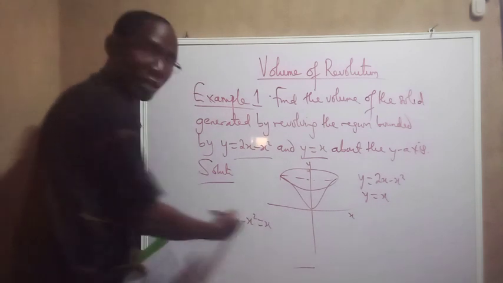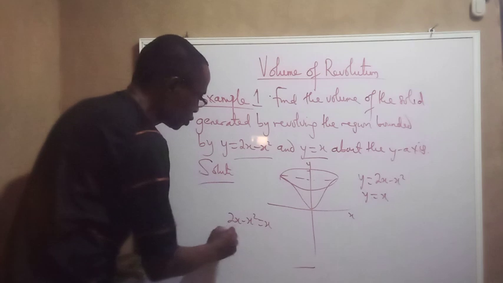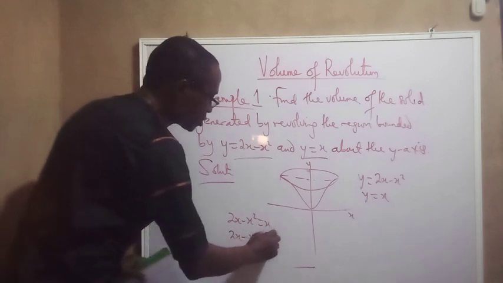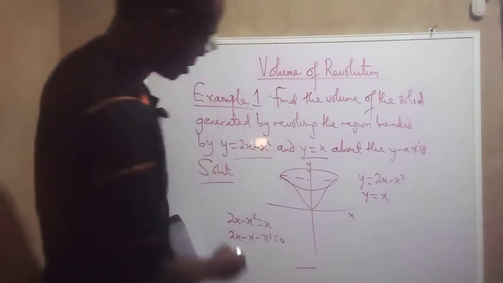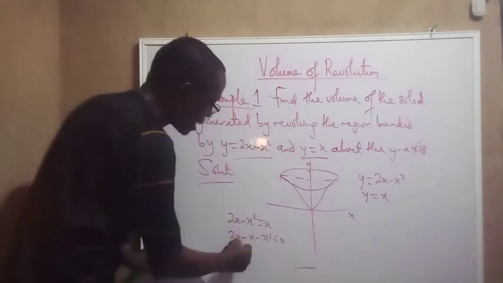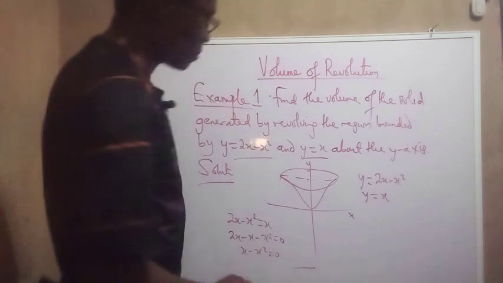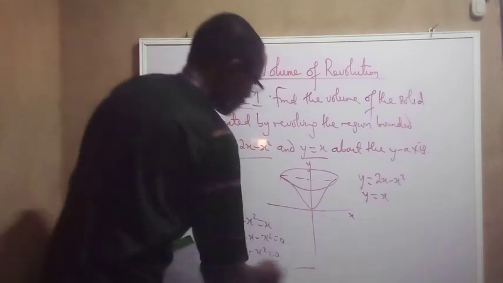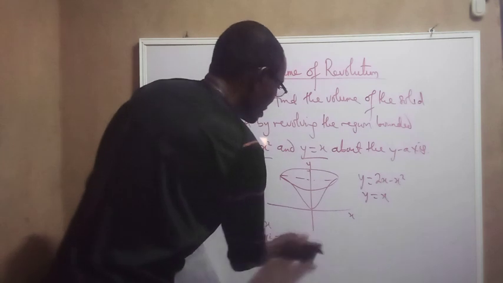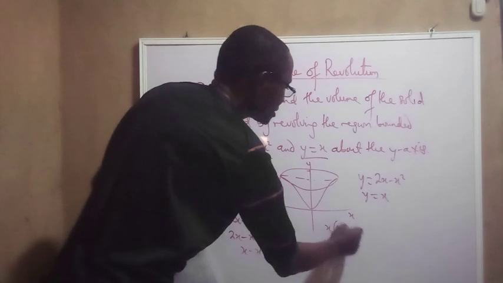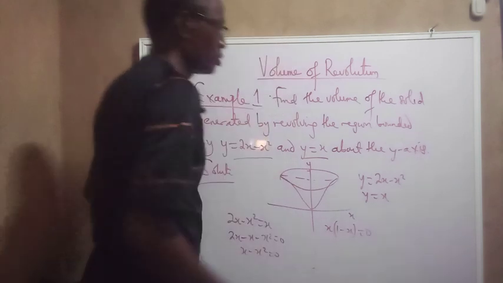So now you collect like terms. You have 2x minus x minus x squared is equal to 0. 2x minus x is x, so x minus x squared is equal to 0. With this, we can factor out: x is common, so you have x times 1 minus x is equal to 0. So what does this mean?